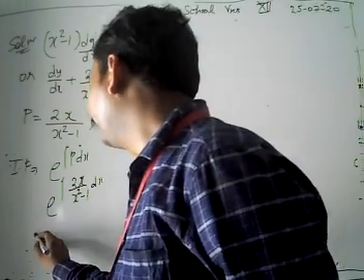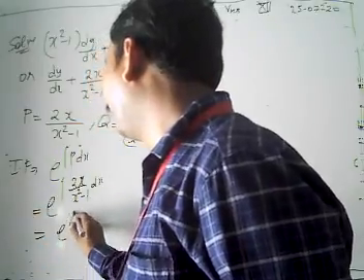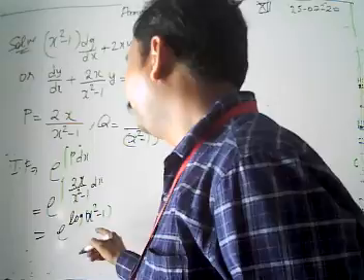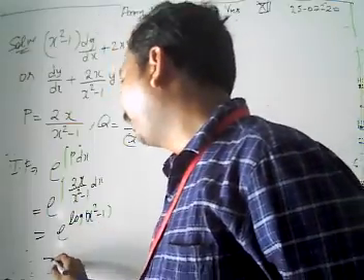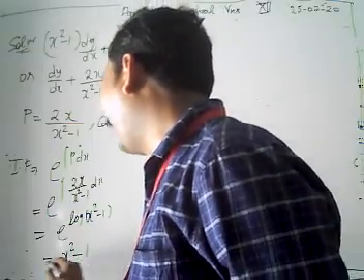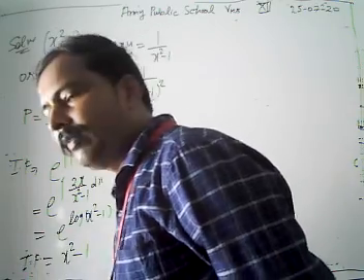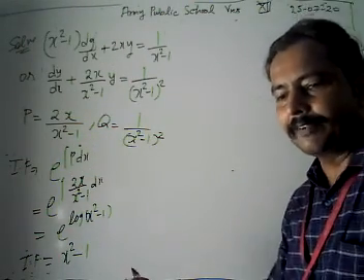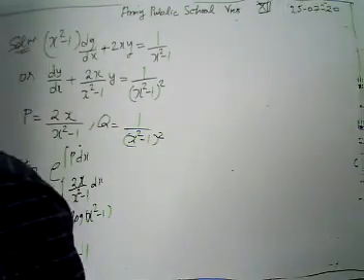Then we get e to power log of x square minus 1, and e to power log of f x is only f x. So our IF is x square minus 1.